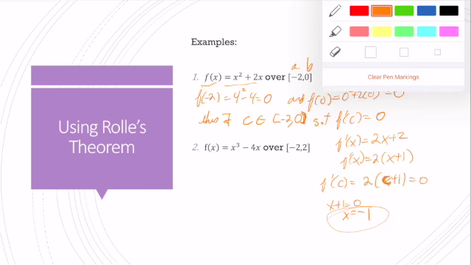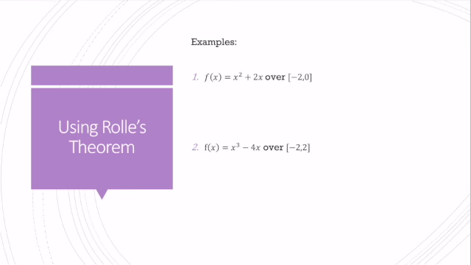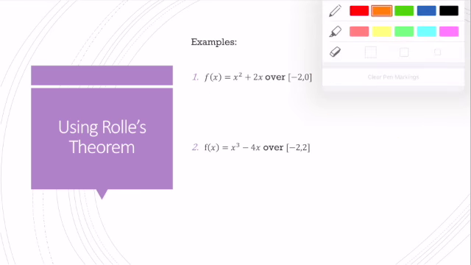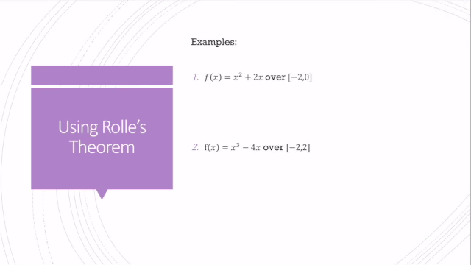Let's go ahead and clear what we've done here and do another example. We'll change to green. That sounds fun. So I have f of x equals x cubed minus 4x. This is a polynomial. It's continuous over the entire domain, right? That means it's differentiable. So let's go ahead and take f of negative 2 and f of 2.